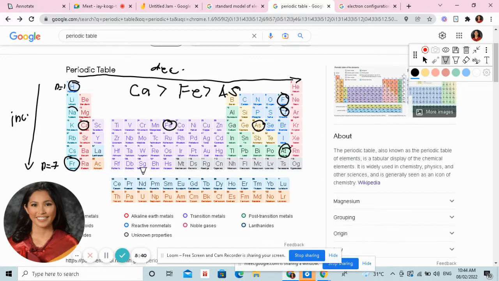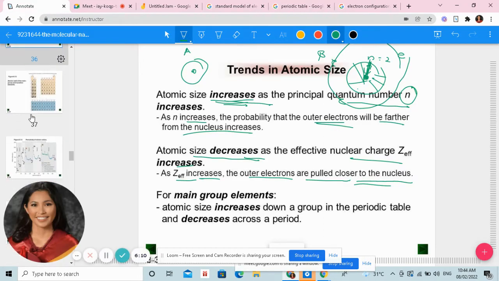Ascending means starting from the smallest to the biggest. The smallest is F, then Cl, and then At. Because as we go down, atomic size increases.